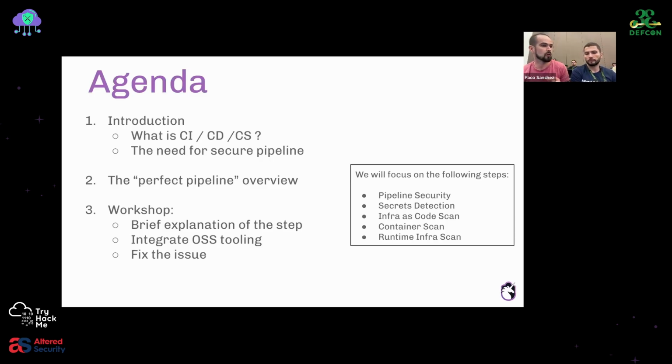We are going to give an overview of all the steps, but we are going to focus on pipeline security, secret detection, infrastructure scan, containers scan, and runtime infra scan, because we only have 2 hours and there is a lot to see. And we are going to do it showing step by step with practical examples, so you can see how to integrate an open source tool for each step. We have like 2 alternatives for all the steps, and we also have a small challenge in one of them. And if you complete the challenge, we have some pins with unicorns on them. People love unicorns.